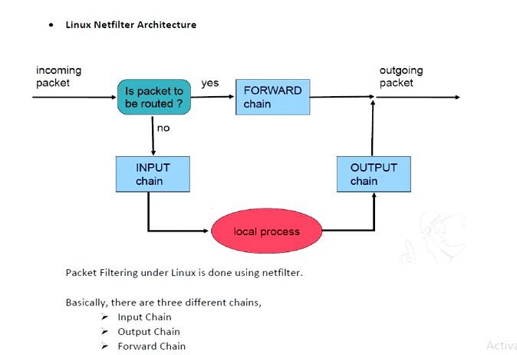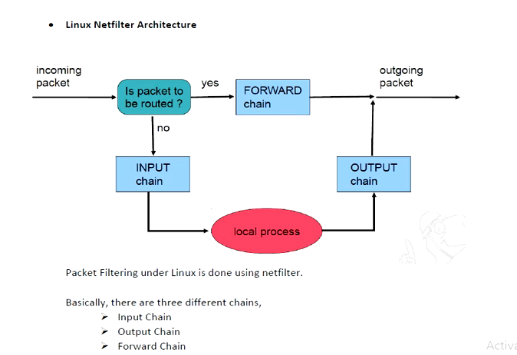If the packet is destined to the local process, then it does not go to the forward chain. The question is whether it will be forwarded or not. If no, then it comes to the input chain, then to the local process, and then it goes to the output chain and the outbound packet traffic. Otherwise, if the packet is to be routed, yes, it goes directly to the forward chain and outbound.